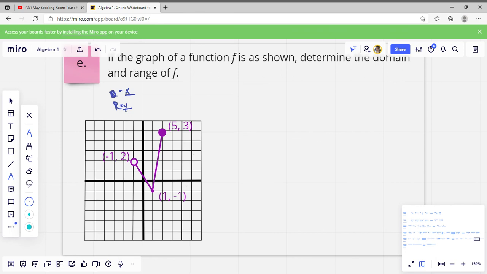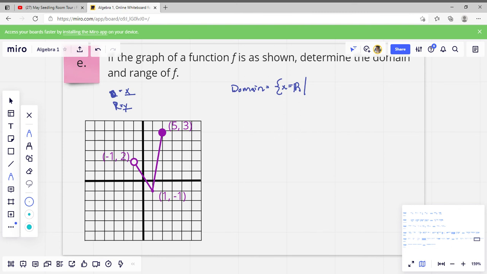All right, so our domain is going to equal our real numbers such that, all right, so what is the highest and lowest x value?